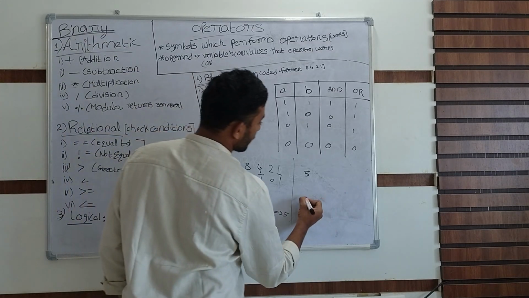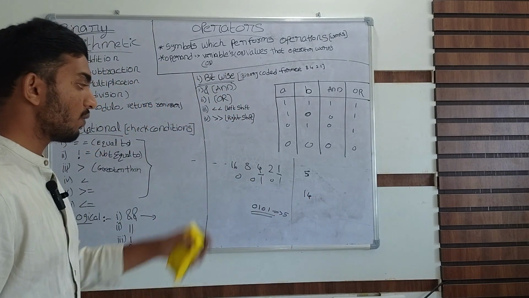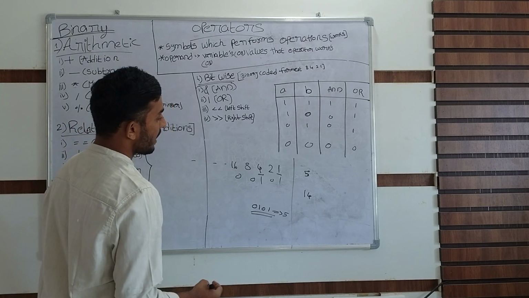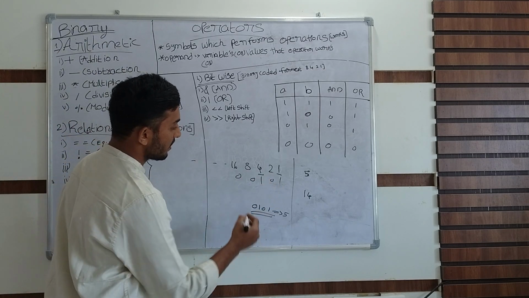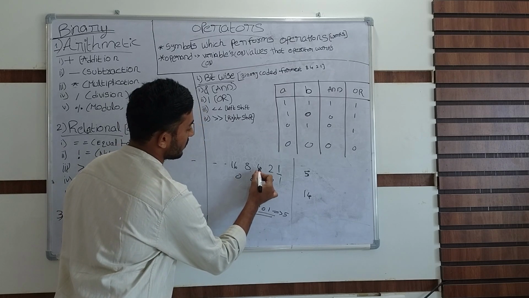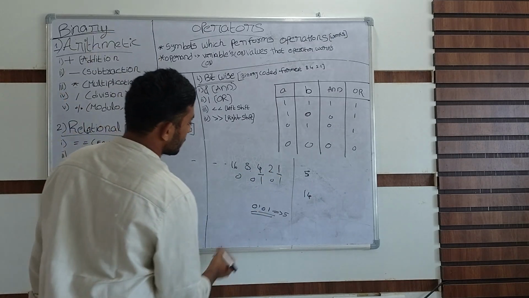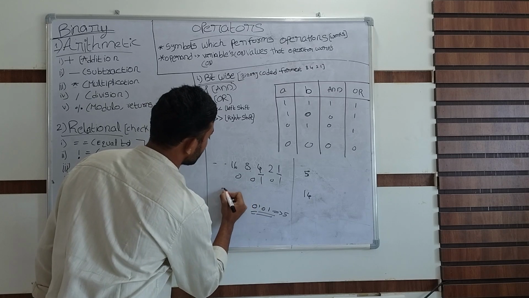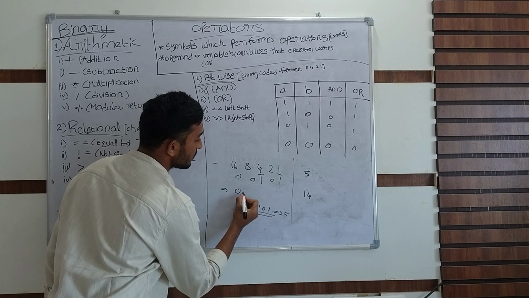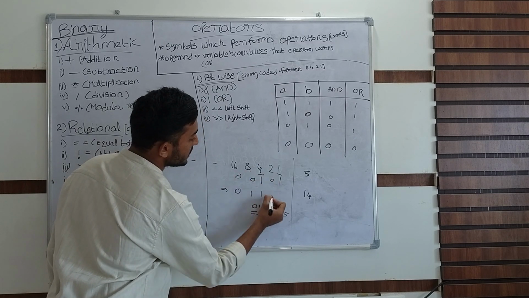By this formula, we can know the binary code of any number. For example, how can we get the binary code of 14? By adding 8 plus 4, we get 12. 8 plus 4 plus 2 becomes 14, right? 16 is not used, so 0. 8 is used, so 1. 4 is used, so 1. 2 is used, so 1.